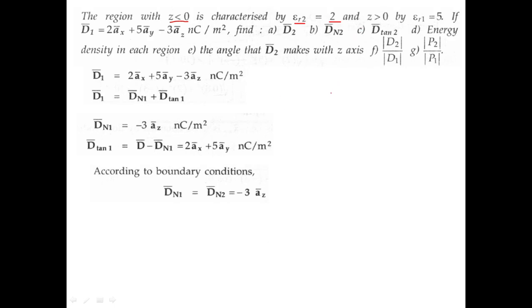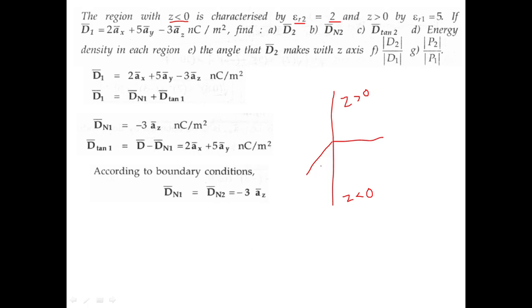Now here, what they have given is, how do we differentiate z? When you have a Cartesian coordinate system like this, this is z less than 0 and this is z greater than 0, correct?